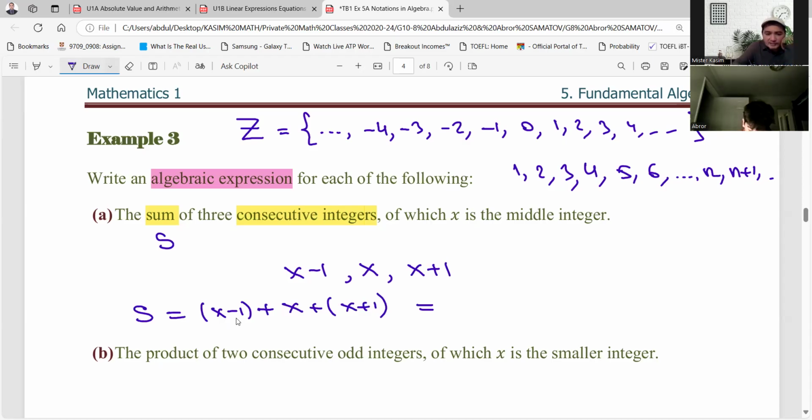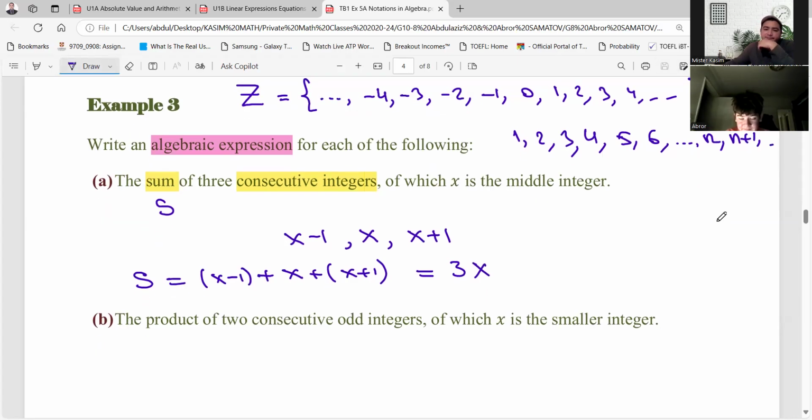Come on, Abror. x plus x plus x is 3x, right? Negative 1 plus 1 is 0. So 3x plus 0. You don't have to write 0, just 3x. Okay, very good.